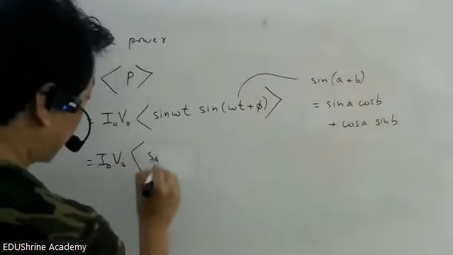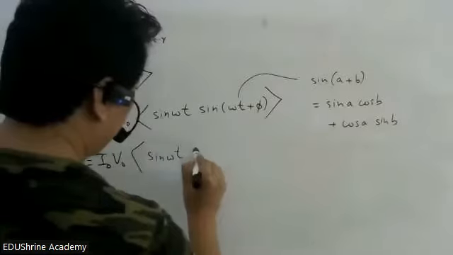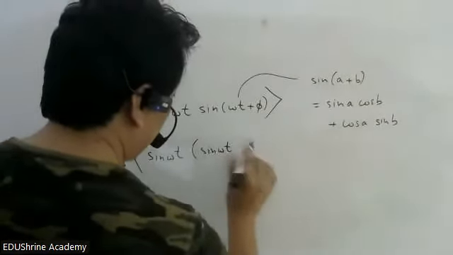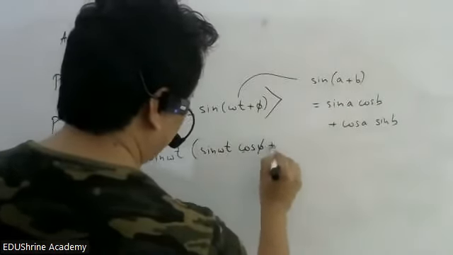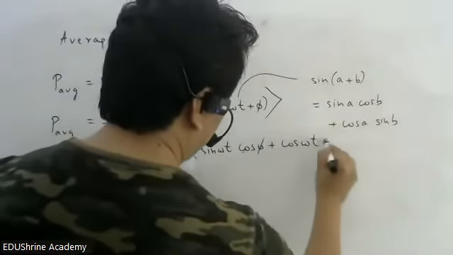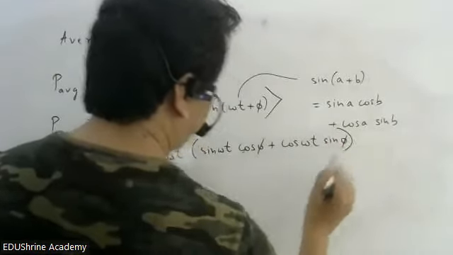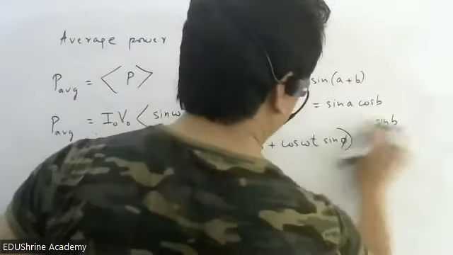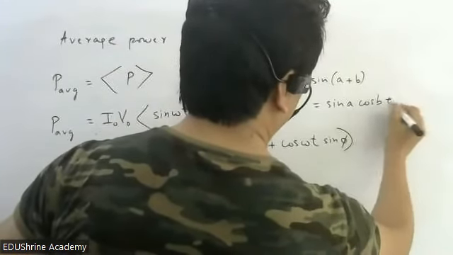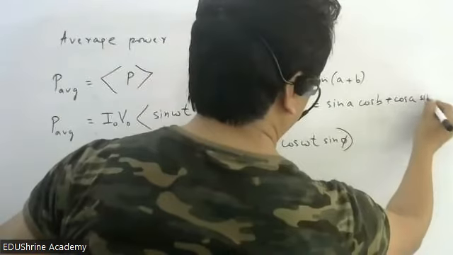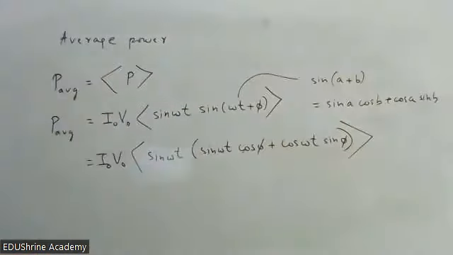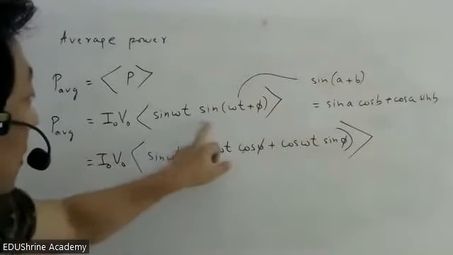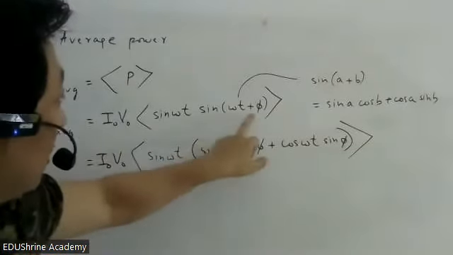I naught V naught sine omega t times sine A cos phi plus cos A sine B. Clear everything till here? Yes, sir. Sine A plus B, okay? A is your omega t, B is your phi.